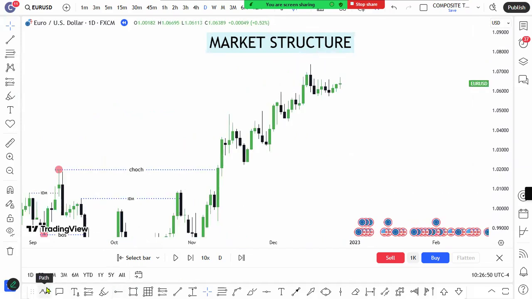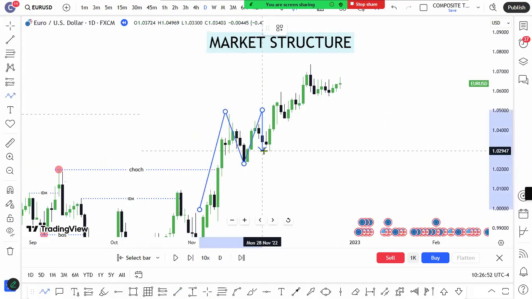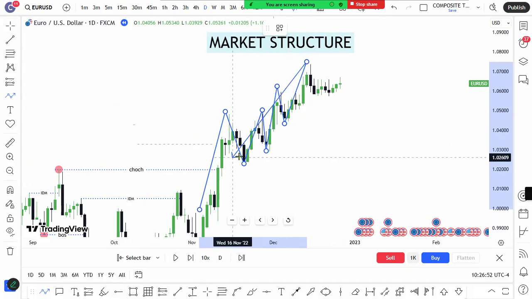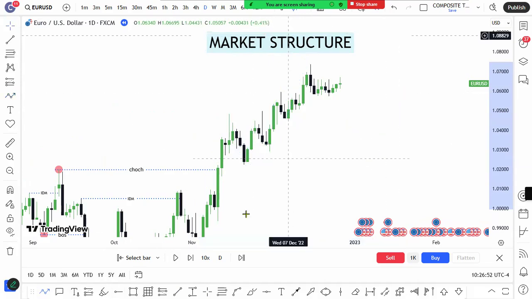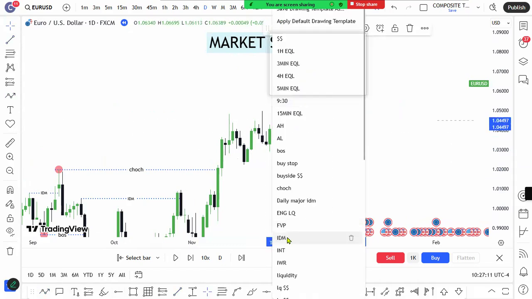Look at this. The first pullback, second pullback, that pullback. If price takes out this low, we prepare to buy, but price can hunt even this entire low here. So let's see what is happening here. That's our inducement.